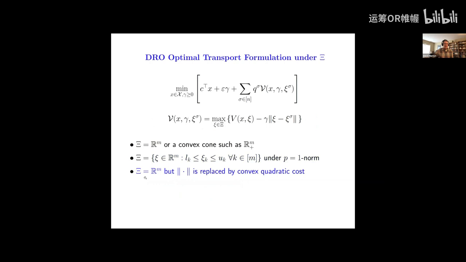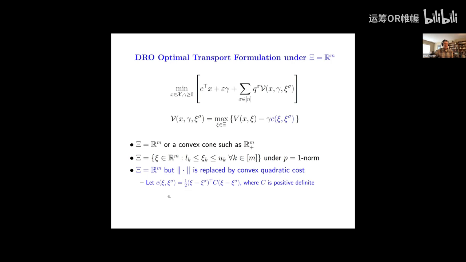All right, the other thing I want to talk about is let's just say that it is still all of R^m, but instead of using a norm here, let's replace it by a convex quadratic. So take something that looks like a Mahalanobis type distance, where C could just be the identity, or more generally could be some positive definite matrix to deal with scaling between different types of demand or other right-hand sides.